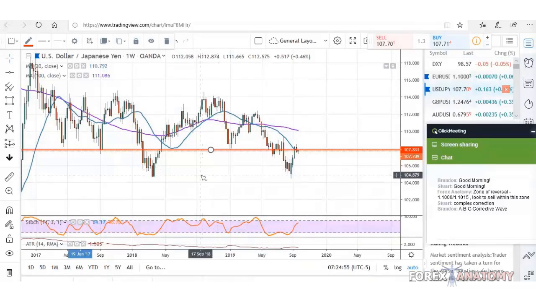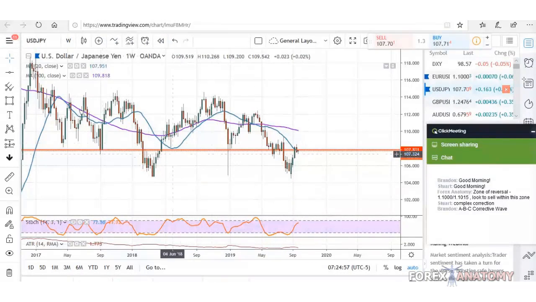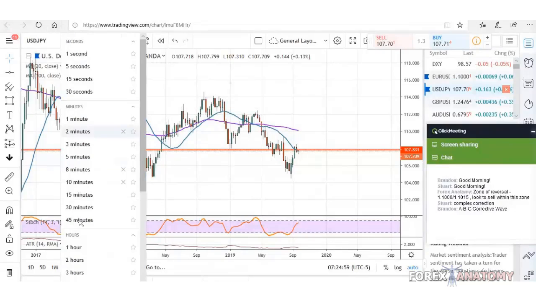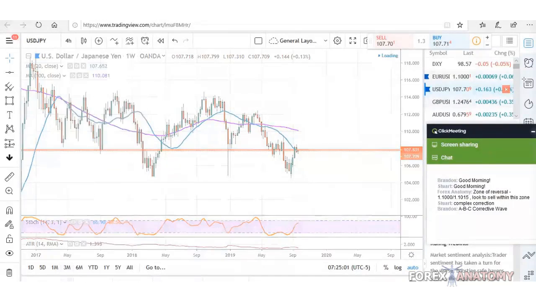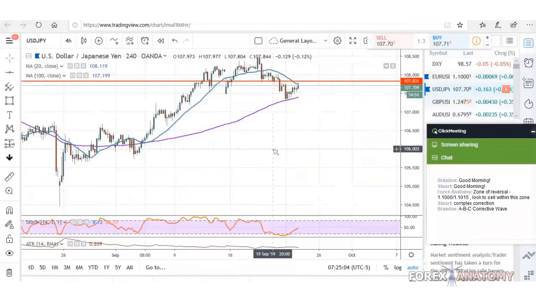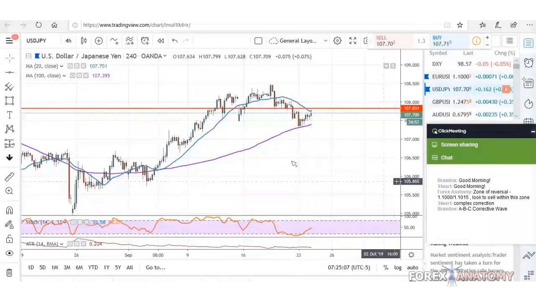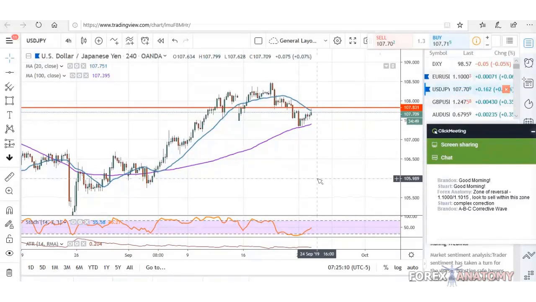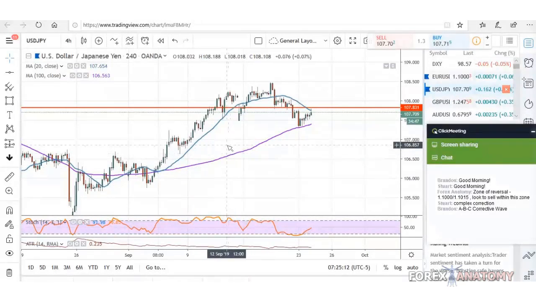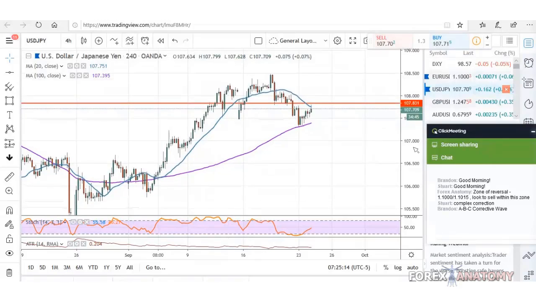So then what we want to do is drop down to a smaller time frame to see what's happening. For the sake of time, I'm going to drop down to the 4-hour. And on the 4-hour, we can see that price created sort of like a topping type setup. We had price, it broke.